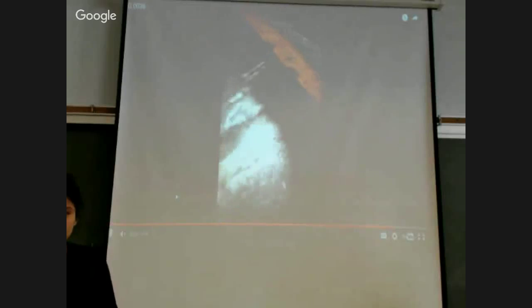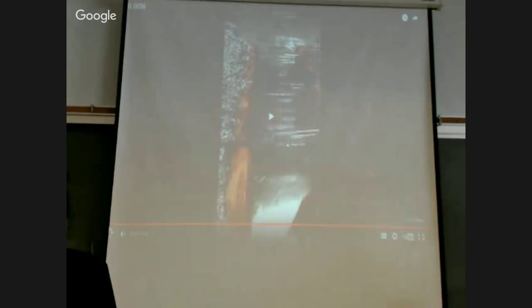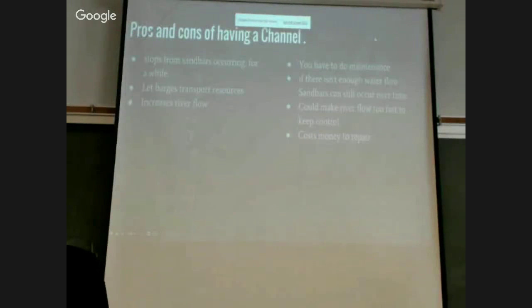But this is a temporary solution because over time the sediments start to build up over here. Pros and cons of it. It stops sandbars from occurring for a little bit.